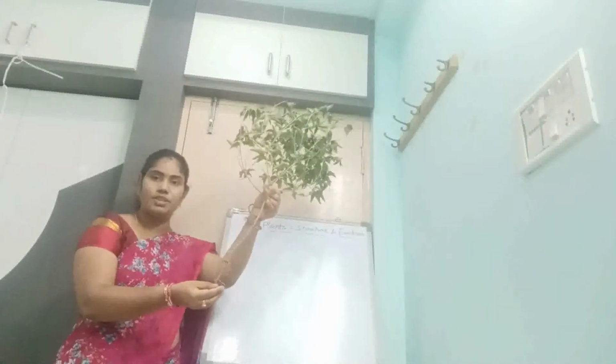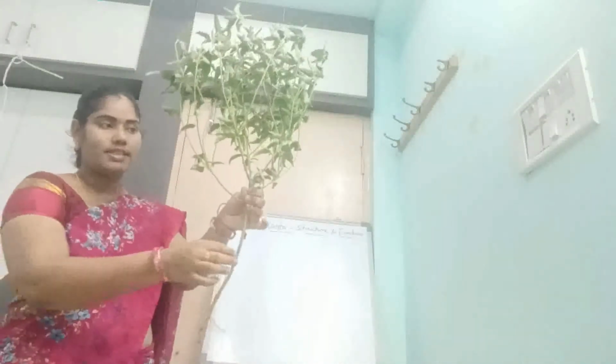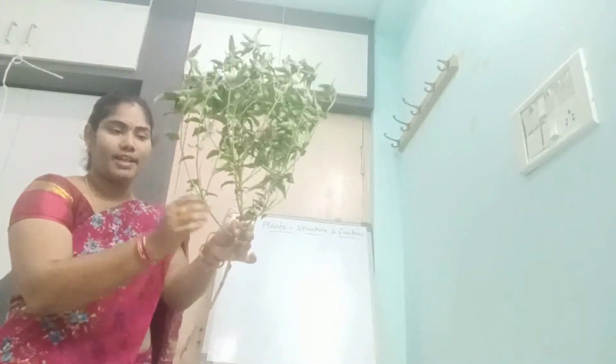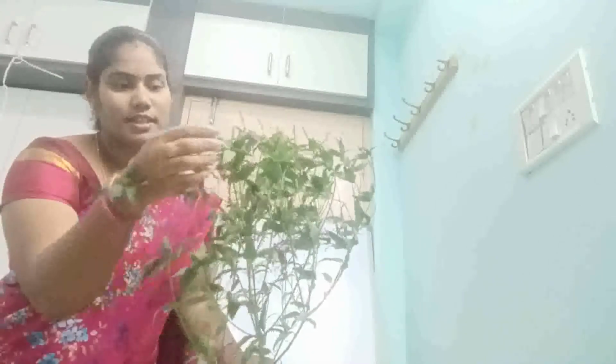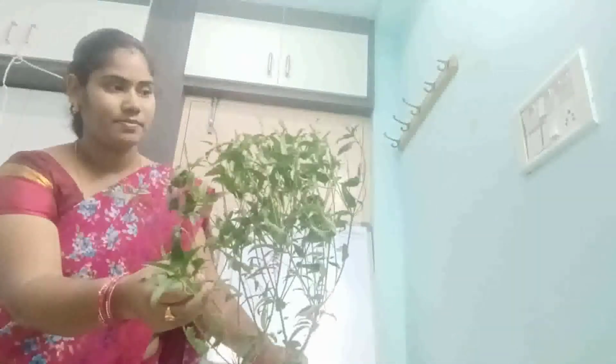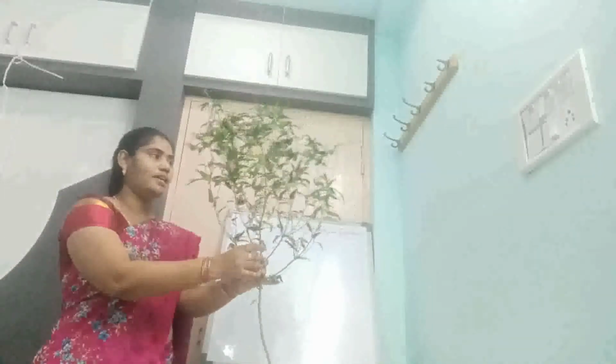This is the root, stem, branches, leaves, and here the flowers, buds. This is the general plant structure and the different parts in the plant.